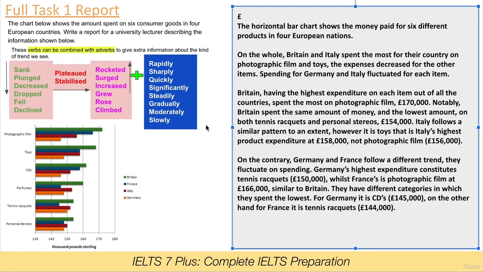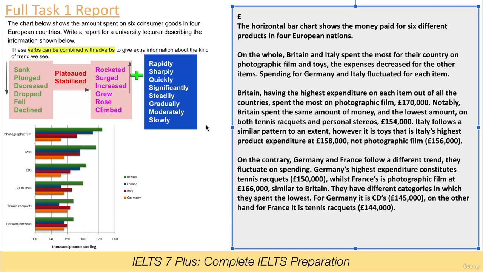Notably, Britain spent the same amount of money and the lowest amount on both tennis rackets and personal stereos, £154,000. Italy follows a similar pattern to an extent. However, it is toys that is Italy's highest product expenditure at 158,000, not photographic film, brackets 156,000.